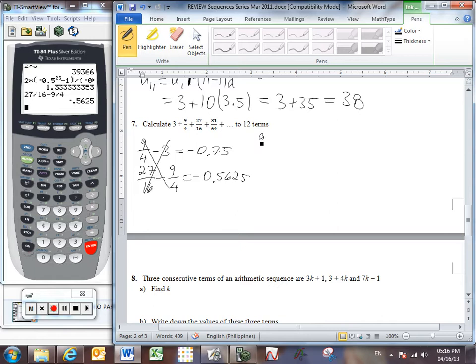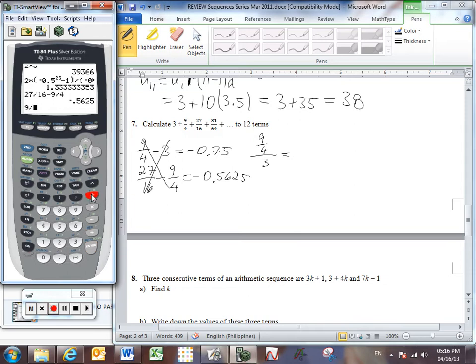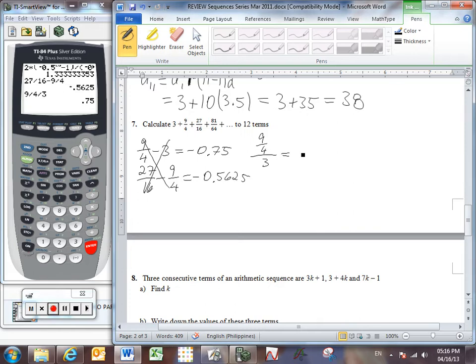So I've got 9 over 4 divided by 3, which gives me 0.75. And then I've got 27 over 16 divided by 9 over 4. That's like multiplying by the reciprocal, but I can do it here on the calculator.